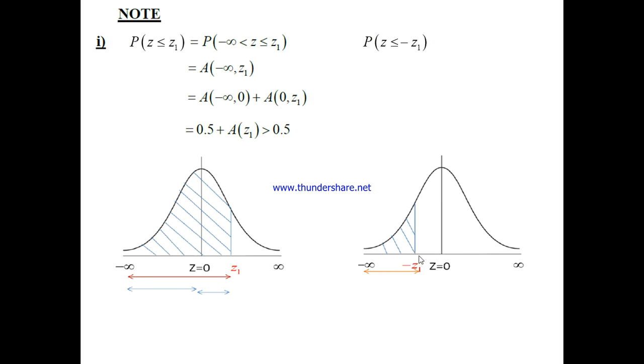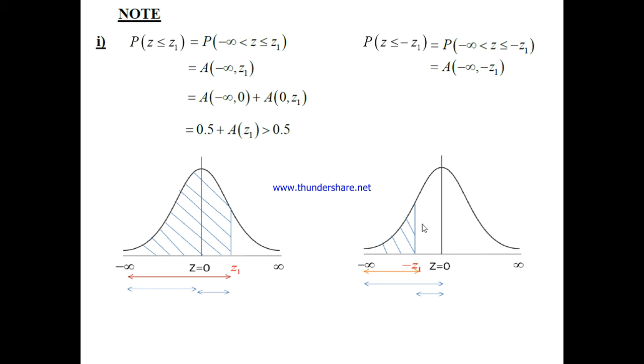When it is minus z1, our z can take the values which are less than minus z1, so it is between minus infinity and minus z1. And now to find this, first we have to find the area bounded by minus infinity to 0.